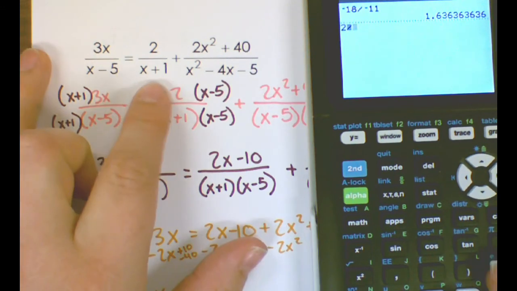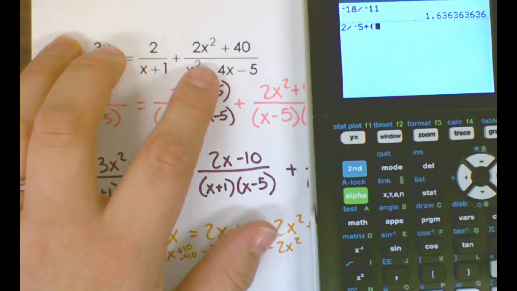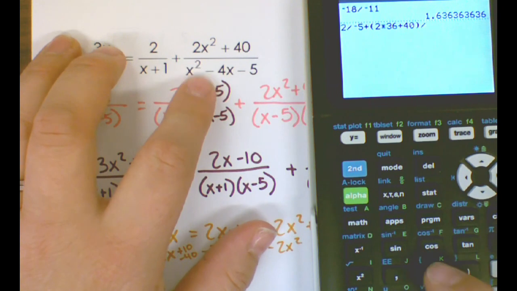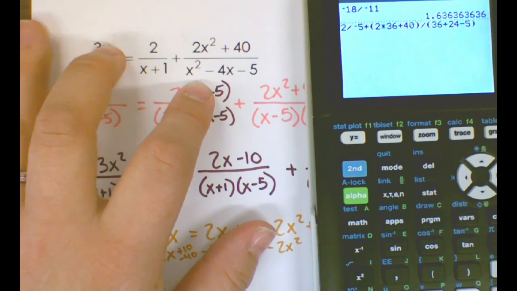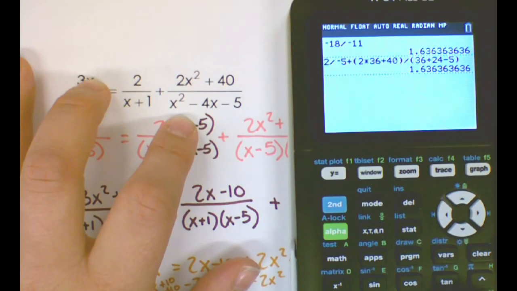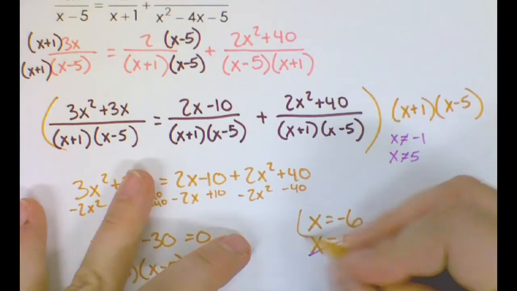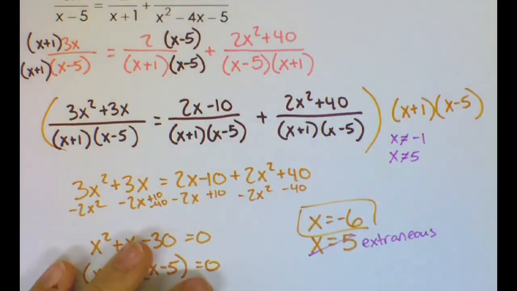So I have 2 over negative 5 plus 2 times 36 plus 40 over 36 plus 24 minus 5. I did a little bit of the simplifying in my head. I got 1.636363. Hey, look at that. They're equal. We have one solution to this problem. It is -6.